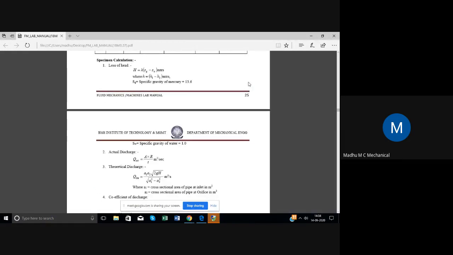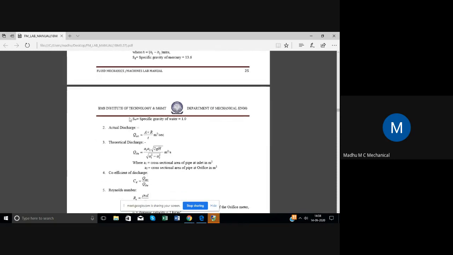First, the specimen calculation: loss of head, or what we call head loss. Capital H is equal to small h. What is small h? The manometric height, h1 minus h2, that is called h, into (Sg minus Sw), so many meters. What is Sg? Specific gravity of mercury, 13.6. What is Sw?